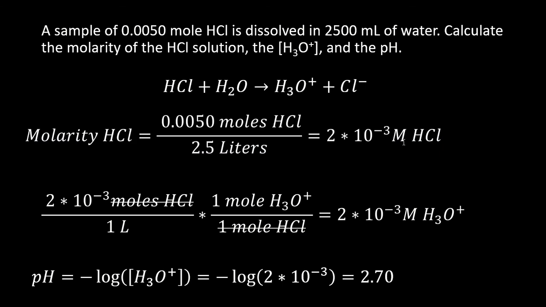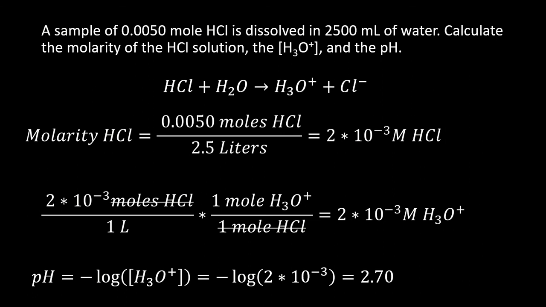And then it's very easy to convert from concentration, or moles per liter of that thing, to moles per liter of a new thing, just using stoichiometry. And then when that gives you the concentration of hydronium ion, you can plug that into our pH formula to solve for pH.